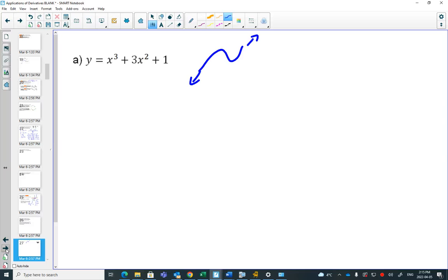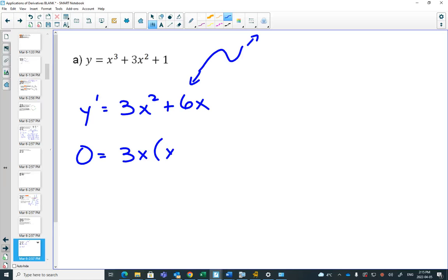Well, welcome to calculus. Calculus says, if you find the derivative and you set your derivative equal to 0, this one I can factor out a common factor of 3x.